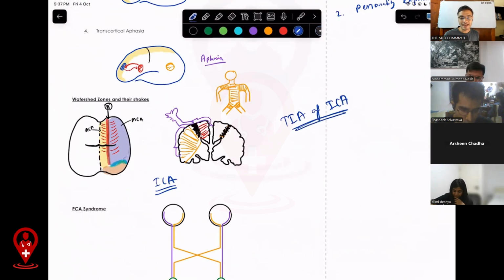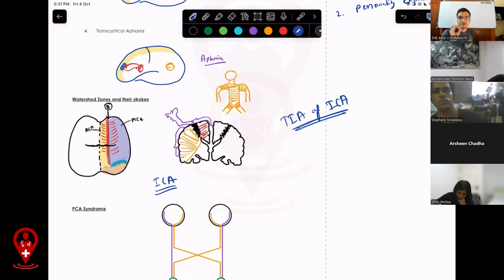We can have the patient coming and telling you, doctor, look, last night, I don't know what happened, suddenly my left eye stopped working. I couldn't see using my left eye. Today morning, it's fine. They can have transient unilateral or bilateral, depending on which internal carotid is occluded.